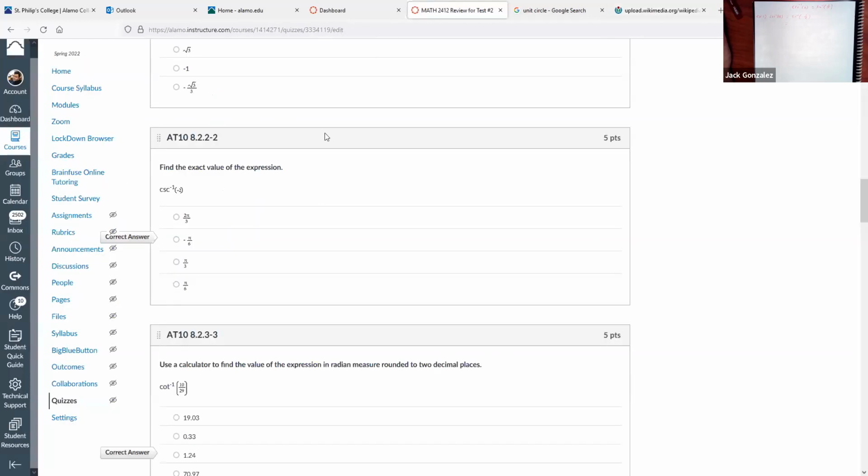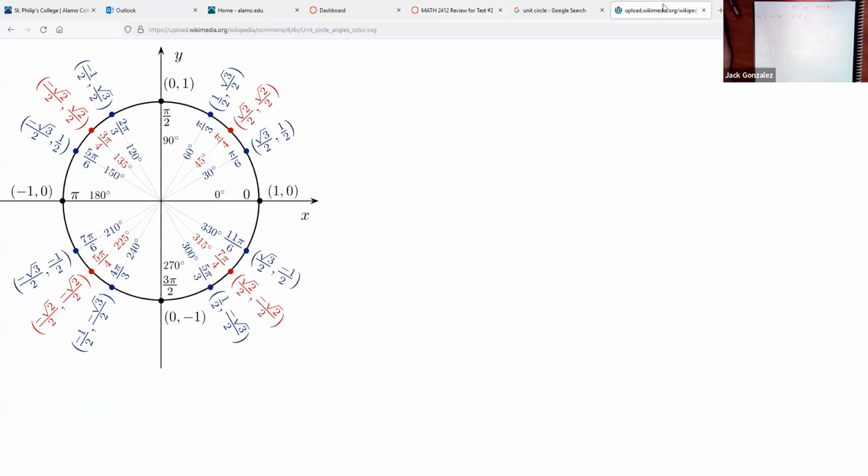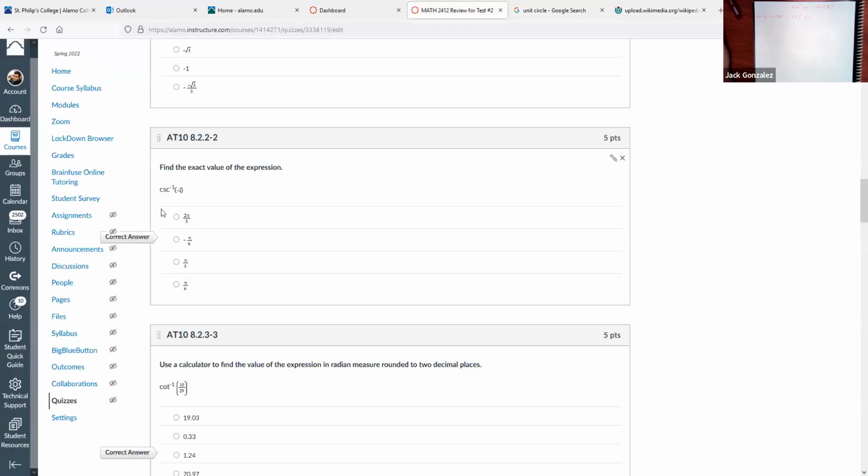Let's see. Cosecant is negative pi 6, which is, let me look at the question again. It's negative 2, right?